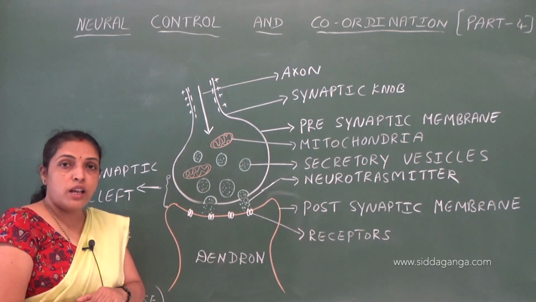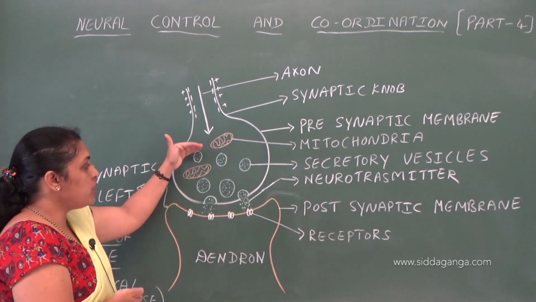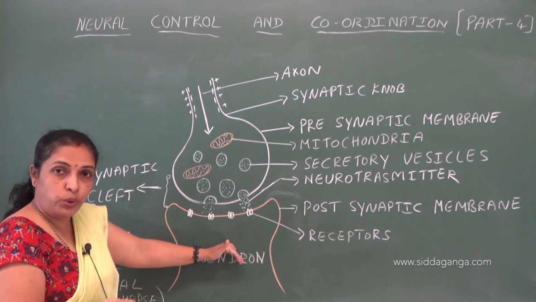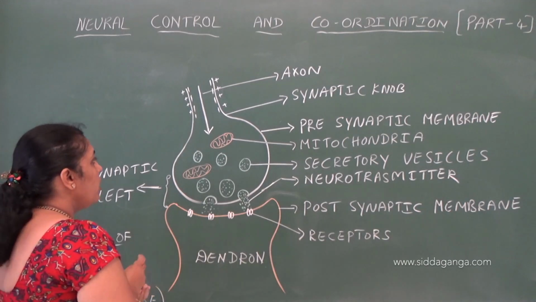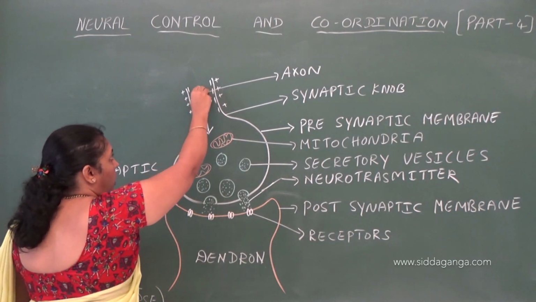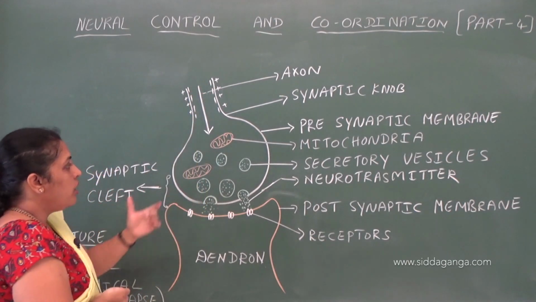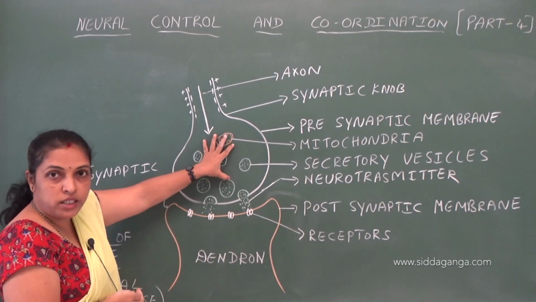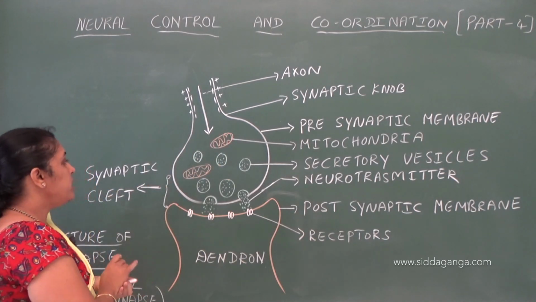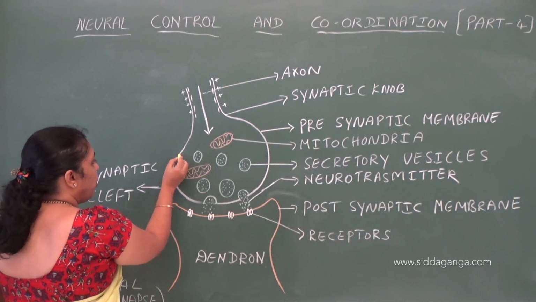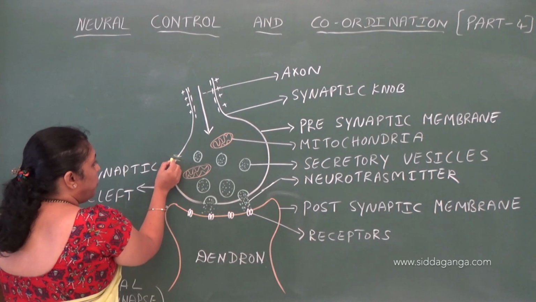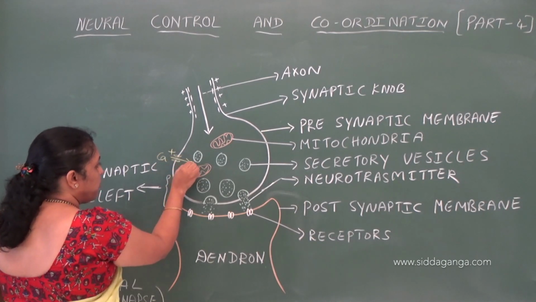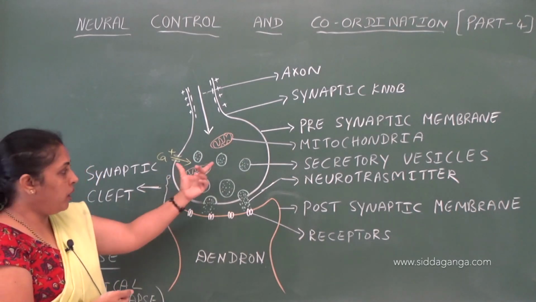Now we will discuss how the impulse is going to transmit from axon terminals to dendron. When the nerve impulse reaches the synaptic knobs, we see the opening of voltage gated channels for calcium. Calcium starts moving into the synaptic knobs.